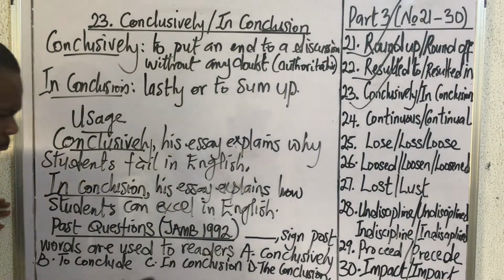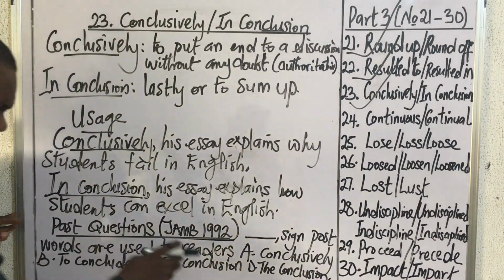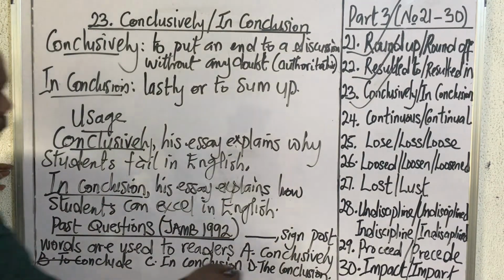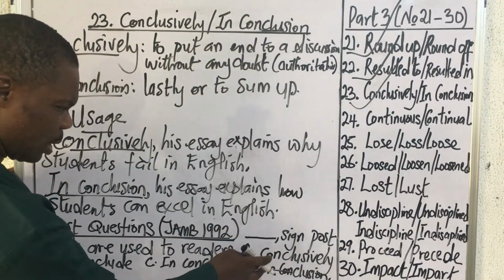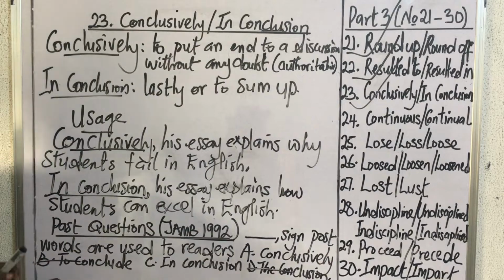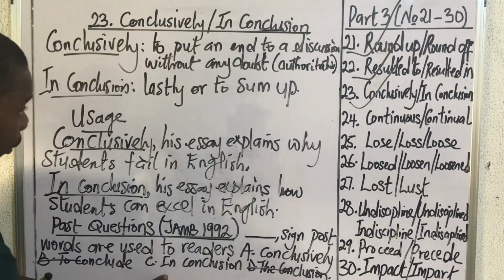But if you look at the way this expression is coming out, dash, signpost words are used to readers, it's not going to be a case of to conclude or the conclusion. So it's between conclusively or in conclusion. If you look at what the expression is saying, I'm going to choose.